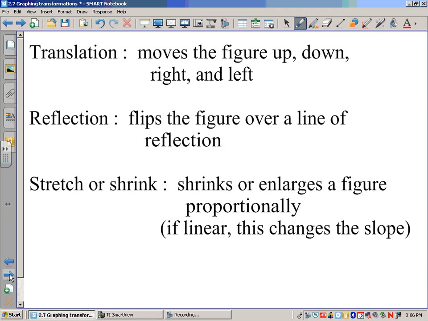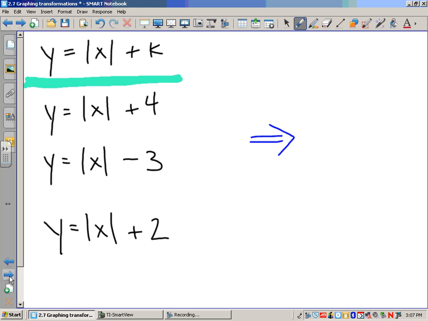A reflection is going to flip the figure over a line of reflection, and a stretch or shrink is going to shrink it or enlarge it proportionally. In the case of lines, a V is made up of two rays intersecting at a point, so what it's going to do is change the slope. The V will look narrow or wide.